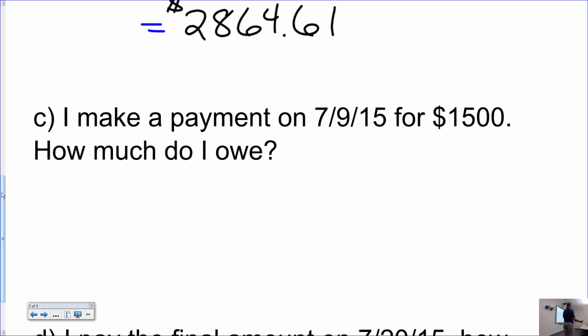What do we do with partial payments? Divide by 0.98. Yes. Remember, our 2% discount lasts until July 10th. So on July 9th, we're still getting a 2% discount.